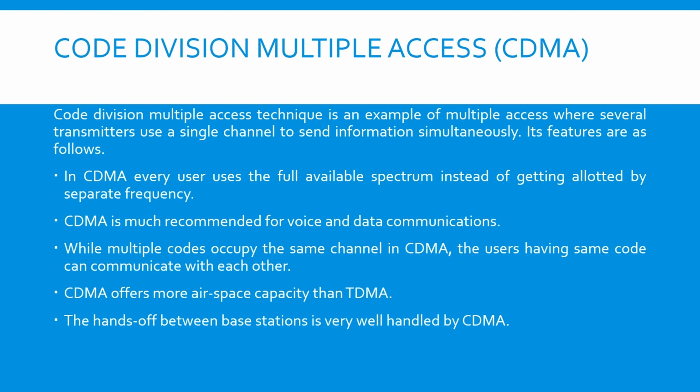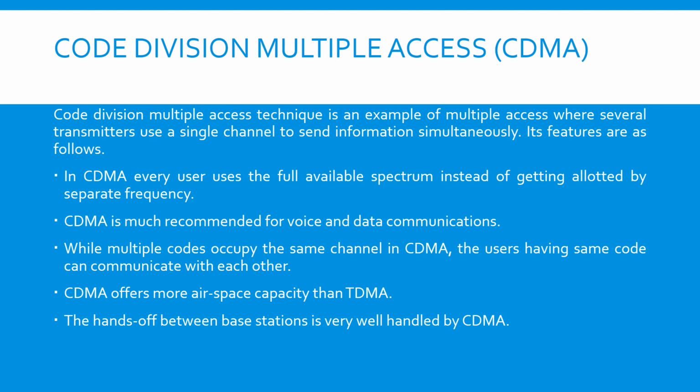Then we have code division multiple access. This is a type of technology where we have a very wide bandwidth, which is also known as spectrum. So it utilizes the whole spectrum. It does not work on a single frequency, but it has a wide variety of frequencies, and these frequencies operate at a particular time.